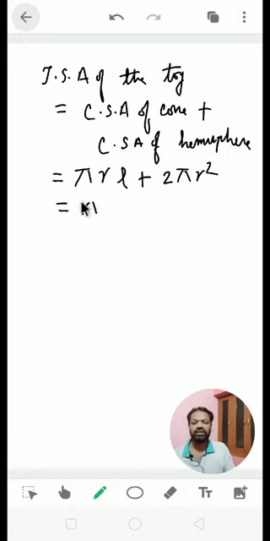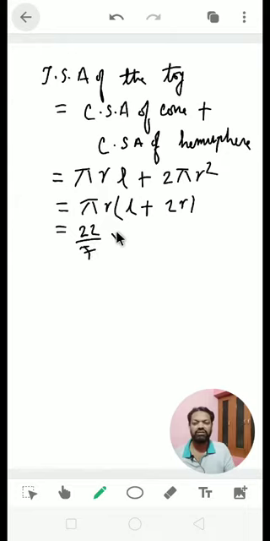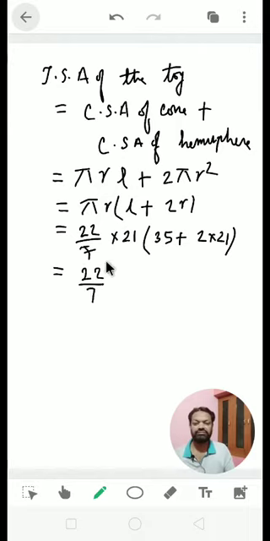So for the calculation to be easy, we take pi r as common. So we are getting L plus 2r inside the bracket. This is 22 by 7. Now put all the values. So this will be 21. L we have got 35, plus 2 into 21. So these are the values. What are we getting now?